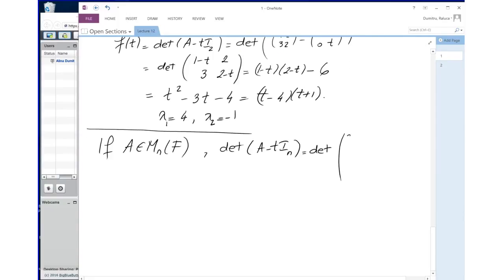So matrix A, let's say, has entries A_ij. So when I subtract t times identity, I'm actually subtracting t from the diagonal entries only, right? So I get minus t, and then the other entries of this row would be the original entries of A. And then A_21, A_22 minus t, A_2n, A_n1, A_n2, A_nn minus t.